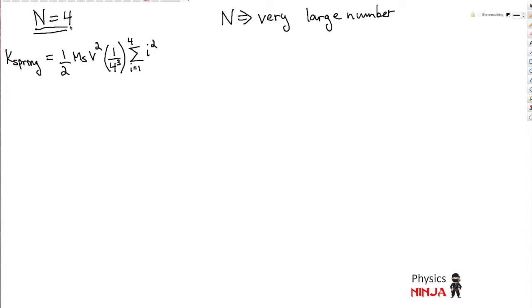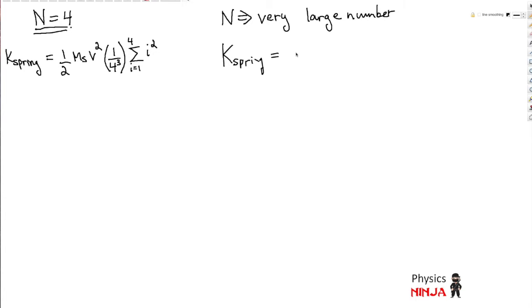Okay, so now we want to see what the expression for the spring kinetic energy looks like if instead of breaking the spring down into 4 segments, we break it down into a very large number of segments. So here I rewrote the expression we had for the kinetic energy of the spring when it was 4 segments. Now if we have a very large number of segments n, here's what it looks like.